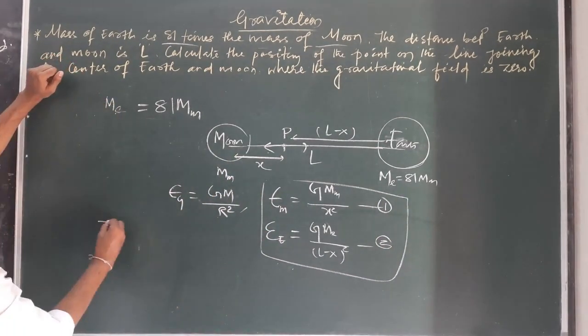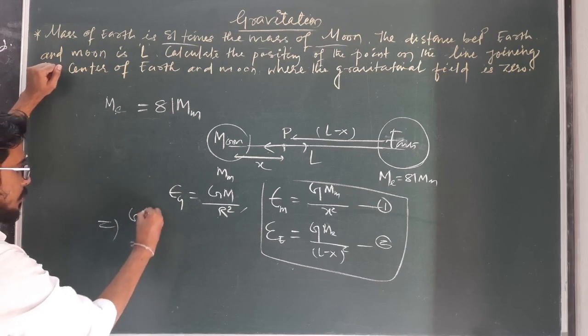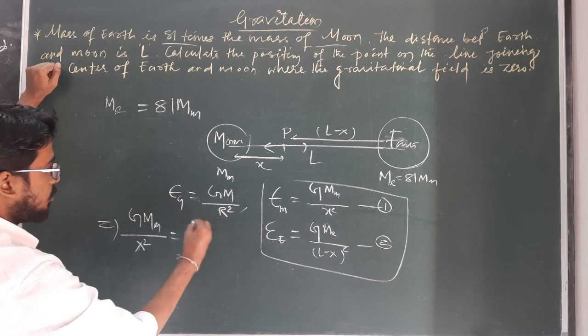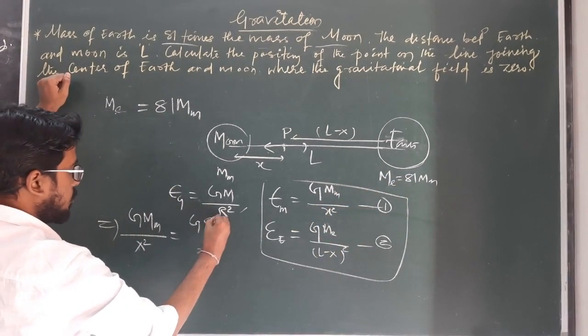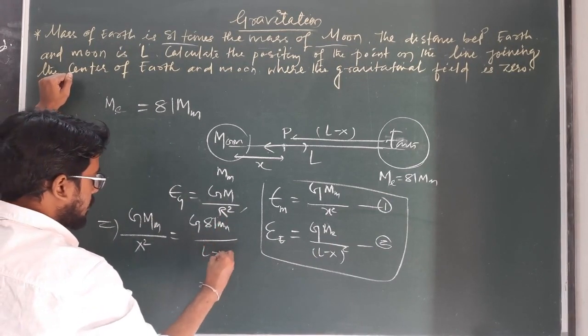So equating 1 and 2, what will we get? G mass of moon by x square equal to G into mass of earth, which is 81 times the mass of moon, divided by (L minus x) whole square.